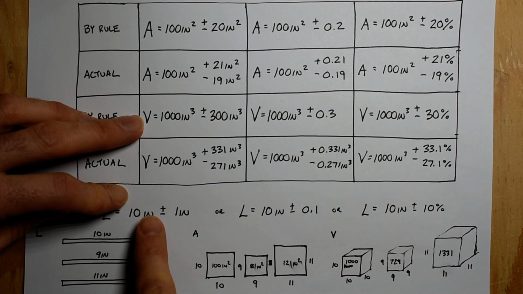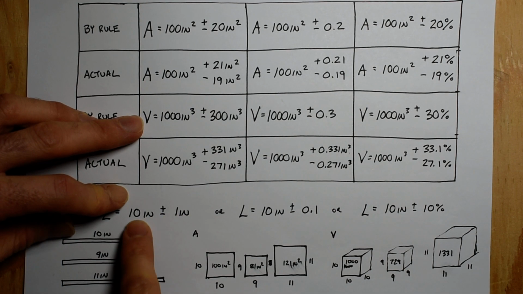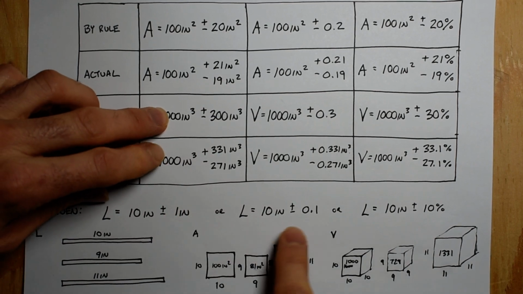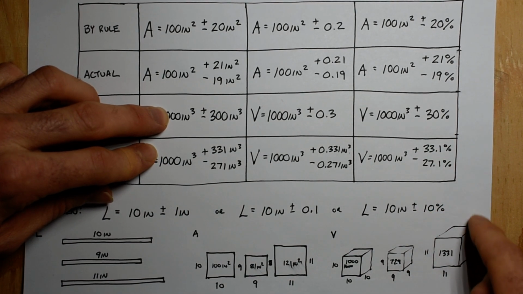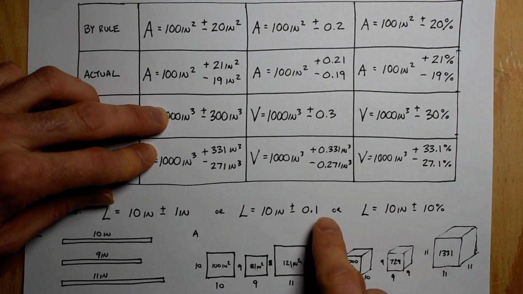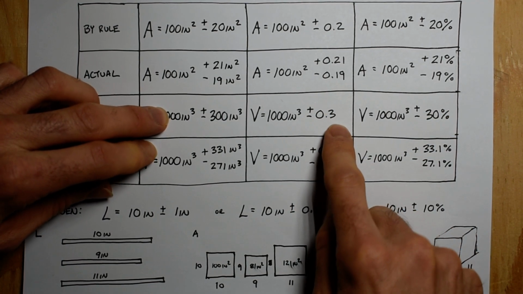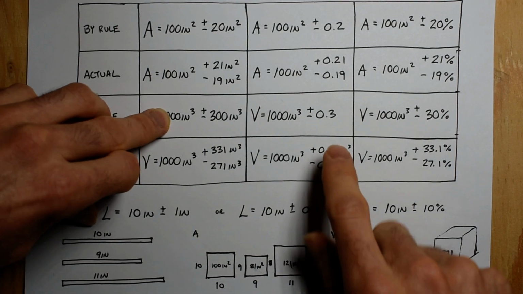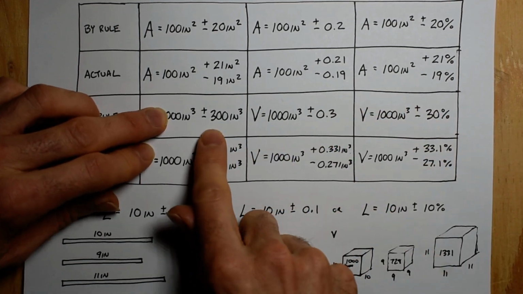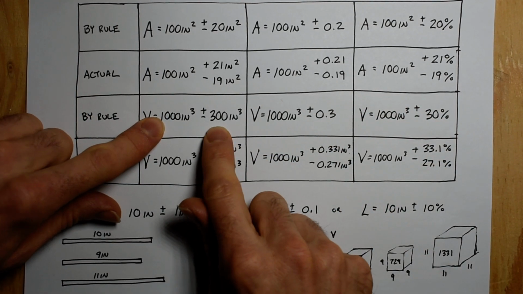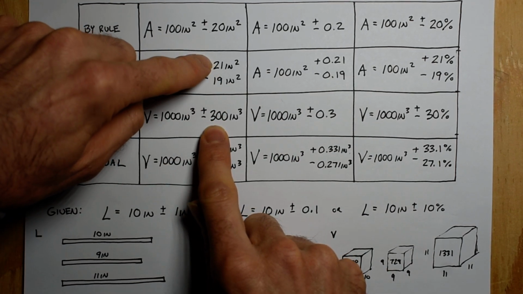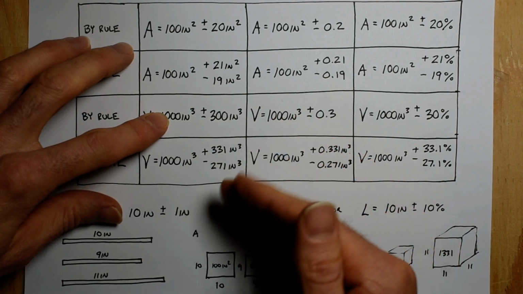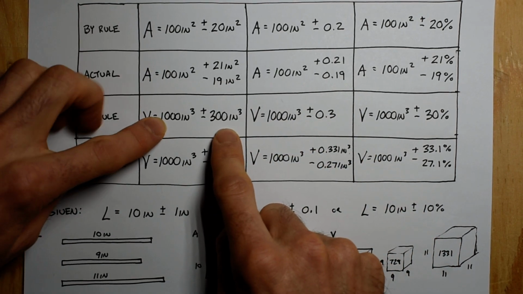Because then once you multiply the 10 three times, 10 times 10 times 10 is 1,000, but then you just add the percent uncertainties. 10 plus 10 plus 10 is 30%, or 0.1 plus 0.1 plus 0.1 is 0.3. And once you get that, then you can find the uncertainty. We call this actual, but anytime you multiply or divide, it's not exactly actual. And I think we can all relate to doing these problems.